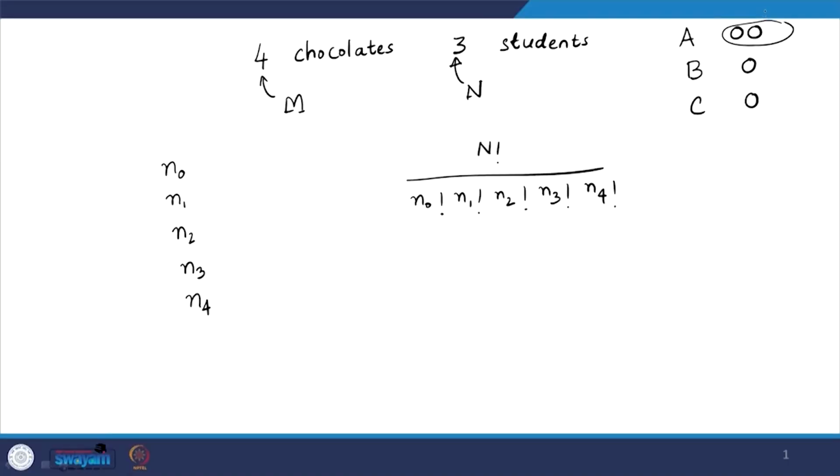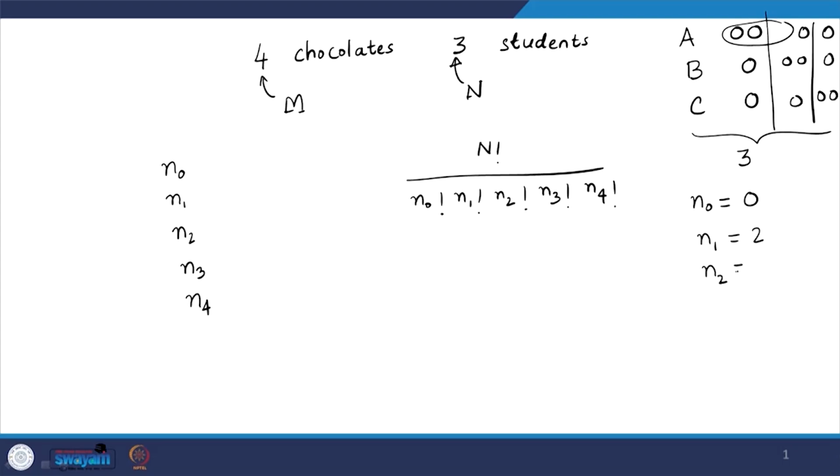So, it can be done in this particular way, it can be done in this way, or it can be done in this way. So, the number of ways to do that is equal to 3, that we can also get from this formula, because in this case n naught is equal to 0, there are no students having 0 chocolates, n1 is equal to 2, 2 students have 1 chocolate each, n2 is equal to 1, that is 1 student, n3 is equal to 0, and n4 is again equal to 0.